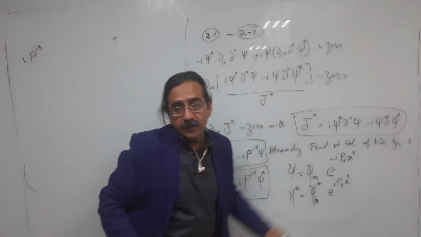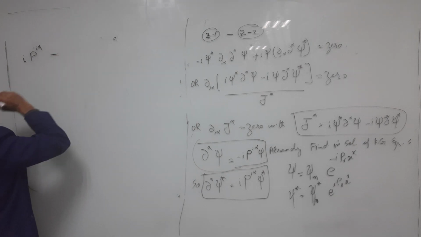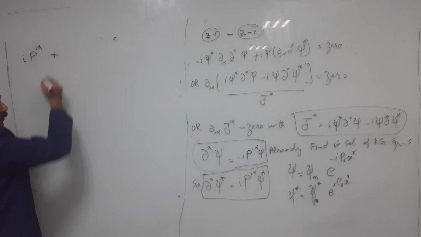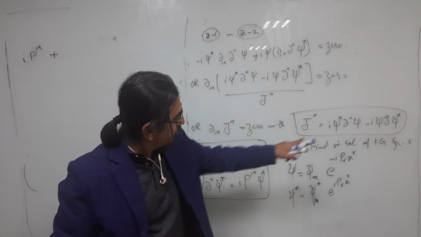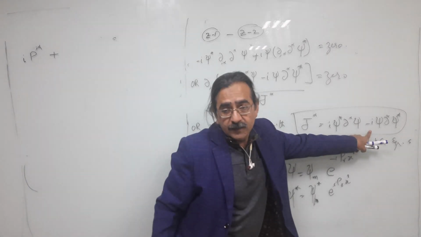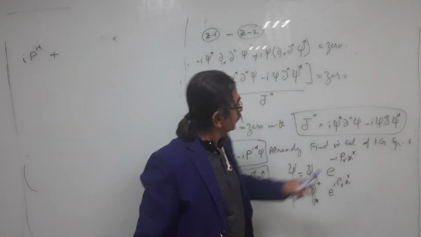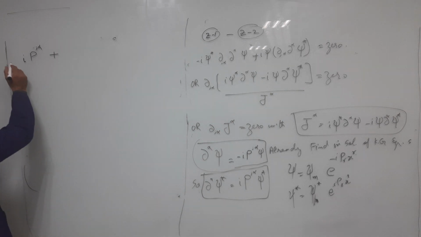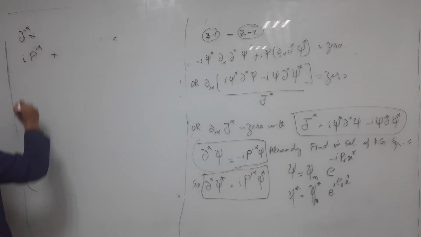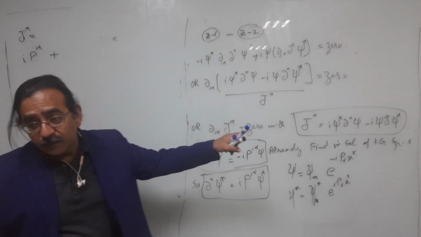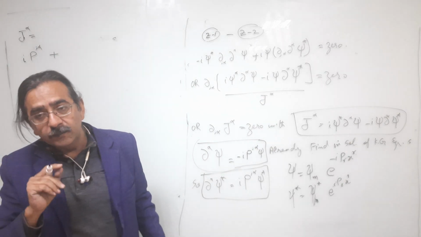This psi star will be multiplying with this. Here is again minus. Minus minus, J alpha will be equal to minus minus plus, and iota square is equal to minus 1. So plus.